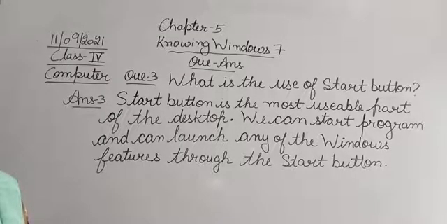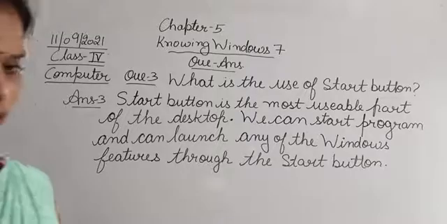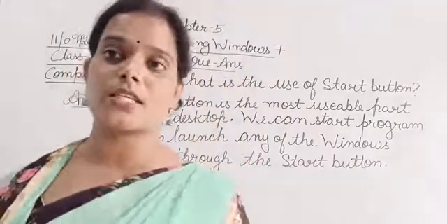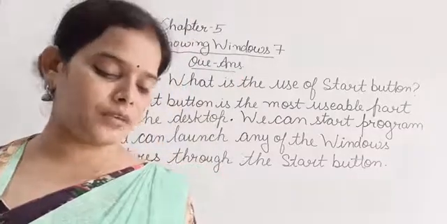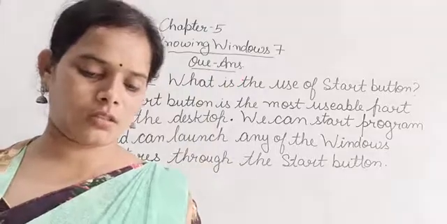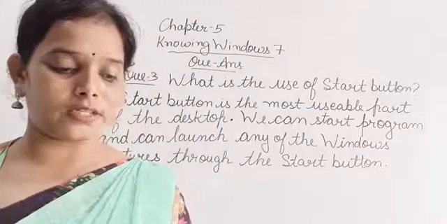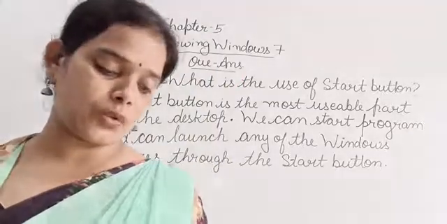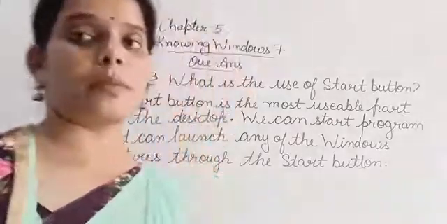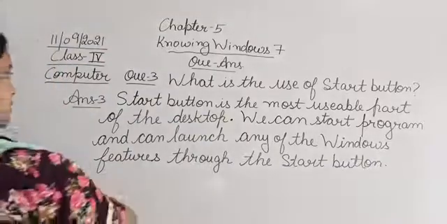Okay class, I hope that you have done the question. Chalo. Now with this we have completed the question answers of chapter number 5. Let's begin with the next thing, that is match the following. Now we will do the matching, that is the F part from the back exercise of chapter number 5.